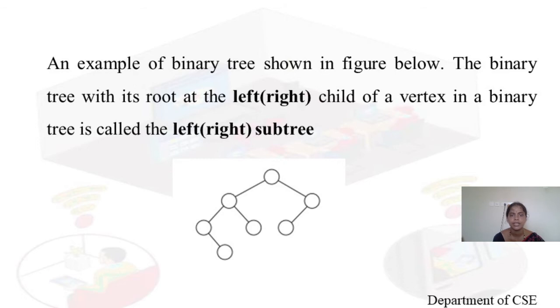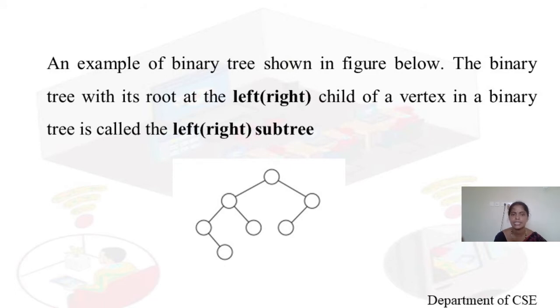An example of a binary tree is shown in the figure below. It is just the structure of a binary tree having left and right children. Some will have just one child, maybe right or maybe left. The binary tree with its root at the left or right child of a vertex is called the left subtree or right subtree.